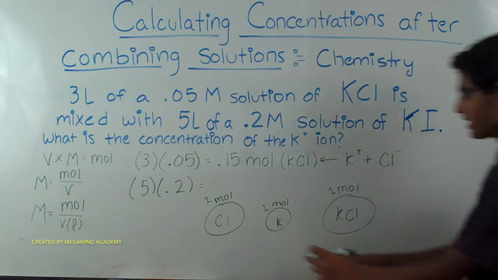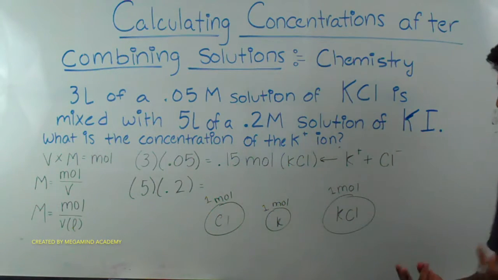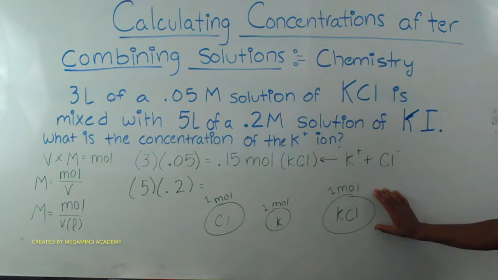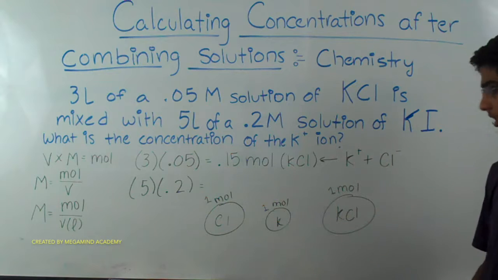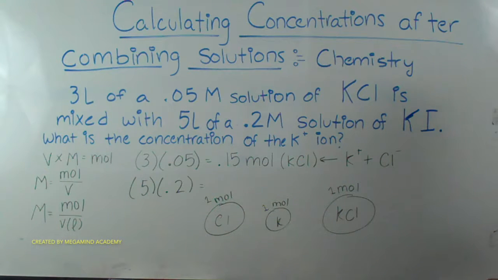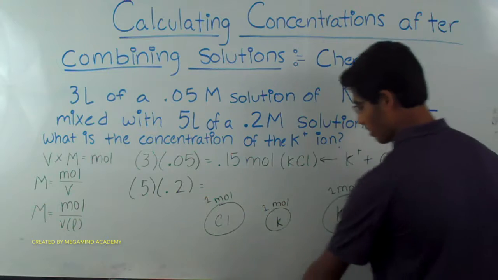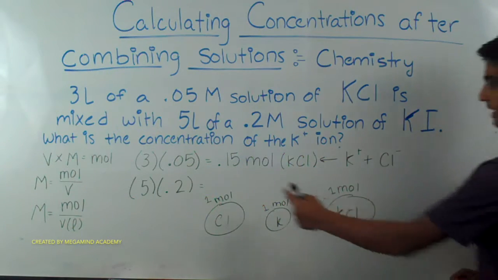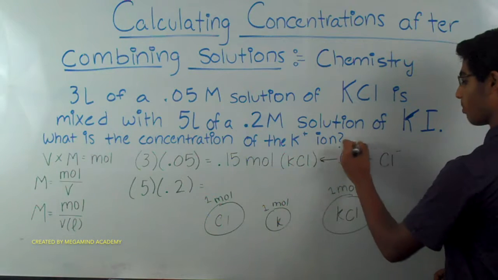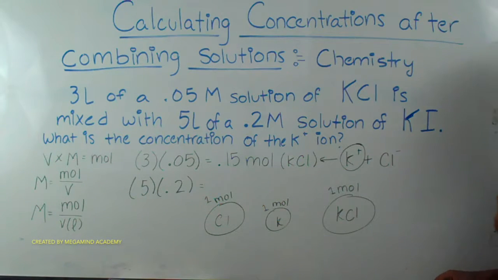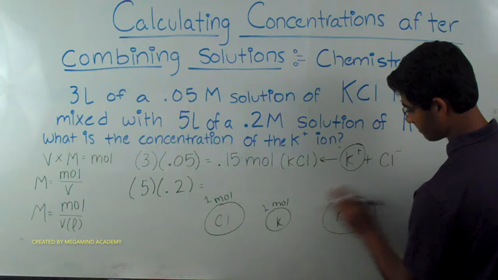You just put these together, and it doesn't become 2 moles, it stays as 1 mole, because you have 1 mole of chlorine and 1 mole of potassium, and so you get 1 mole of potassium chloride, or KCl. So that's how we know that we have 0.15 moles of KCl, which is the same as 0.15 moles of the K plus ion.